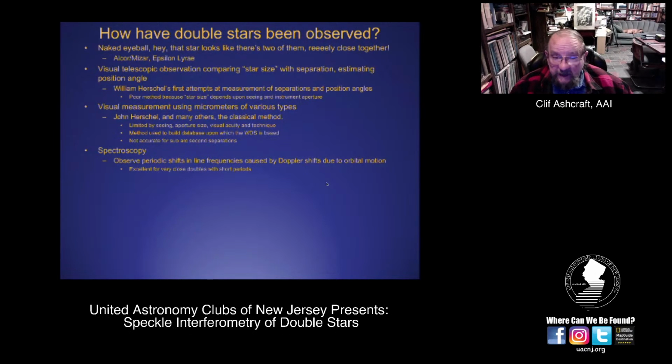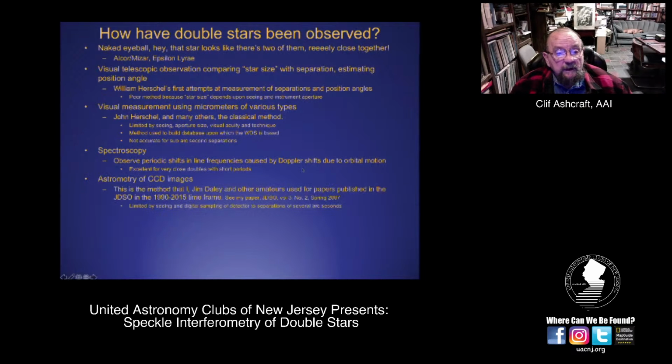Now, this is excellent for very close doubles with very short periods, ones where you can't even resolve the other component. You could also do astrometry of charge coupled device images. Now, this is the method that I, Jim Daly, and other amateurs used for papers published in the Journal of Double Star Observing in the 1990 to 2015 timeframe.